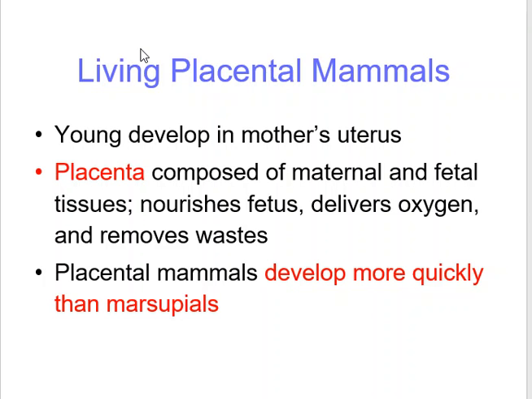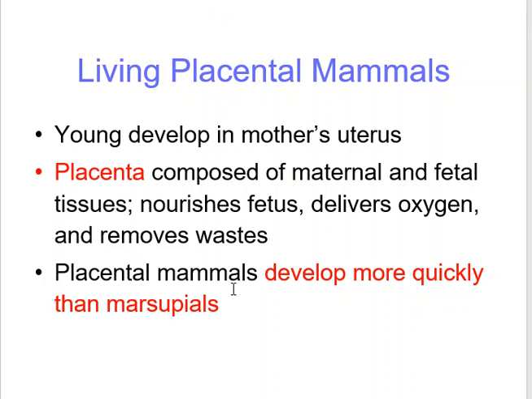The placenta is not a reservoir of nutrients like the yolk. It's just an organ which is highly vascularized, and there is a constant exchange of nutrients from the mother's body to the developing fetus. And of course oxygen needs to be delivered at any given time to the fetus as well.